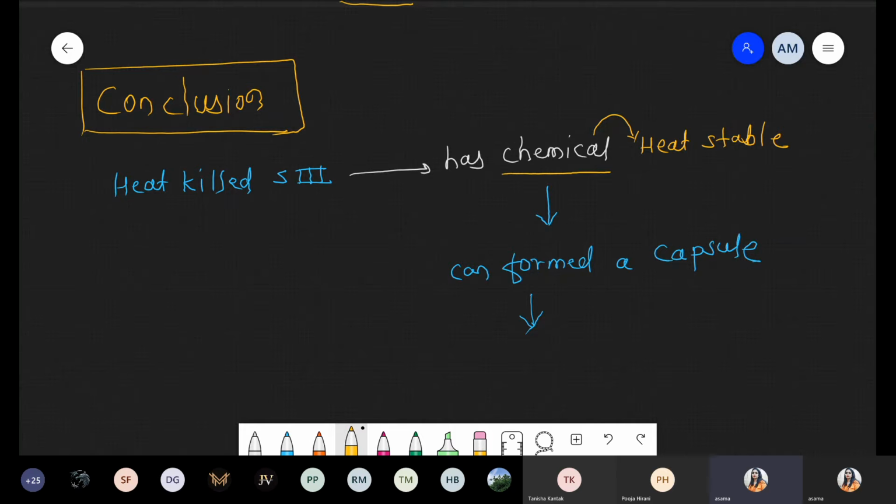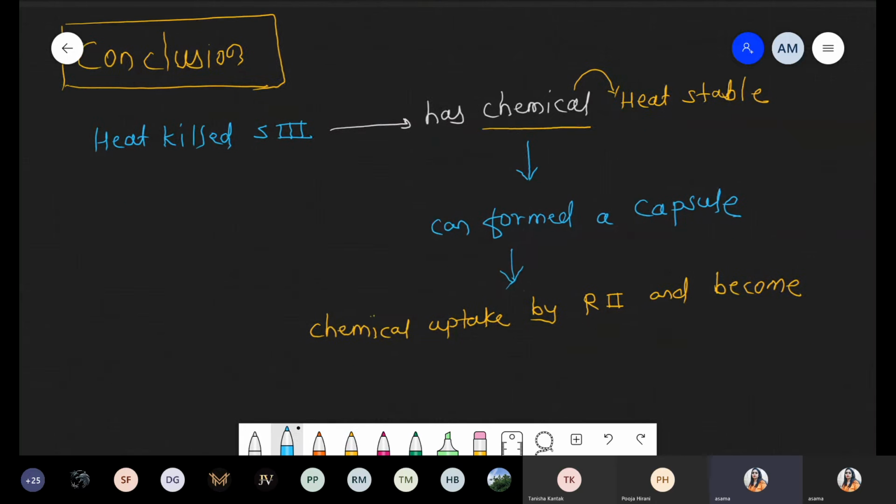So simply we are talking about that chemical. He doesn't know about that chemical. हमें पता है that is DNA, but he doesn't know. Griffith doesn't know that chemical. So that chemical is simply taken up by R2 and becomes S3. Means it starts synthesizing the capsule layer around this.